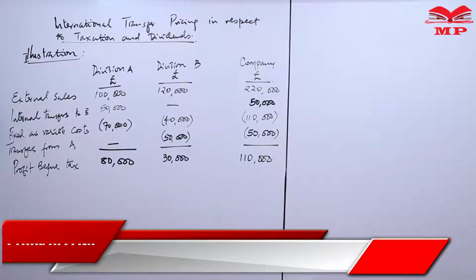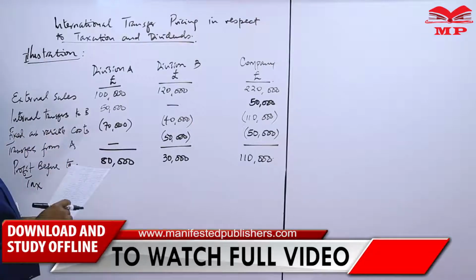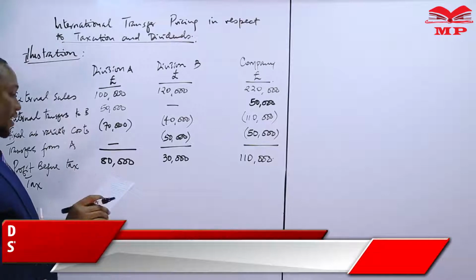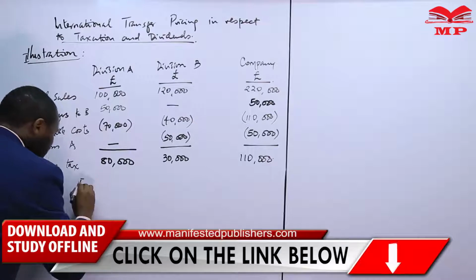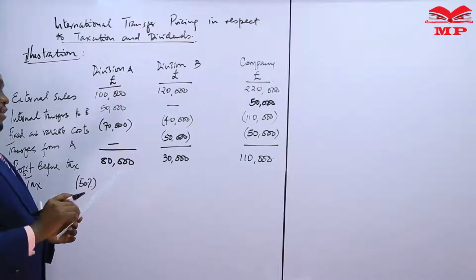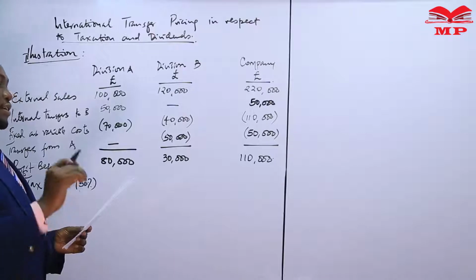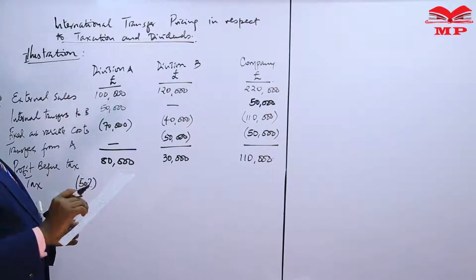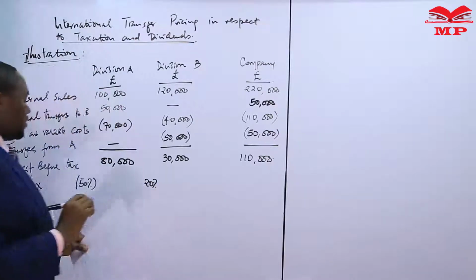So we can say tax. Division A, the question tells us, Division A is based in Vogtland with a tax rate of 50%. So the tax rate in Division A is 50%, and this division transfers goods to Division B. Division B is based in Titoland, a country with a tax rate of 20%. So this has a tax rate of 20%.